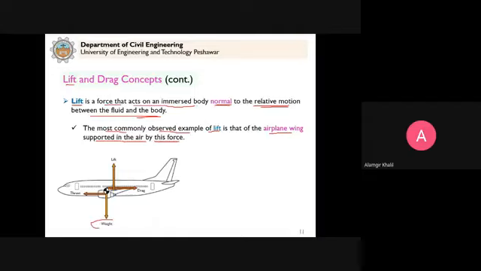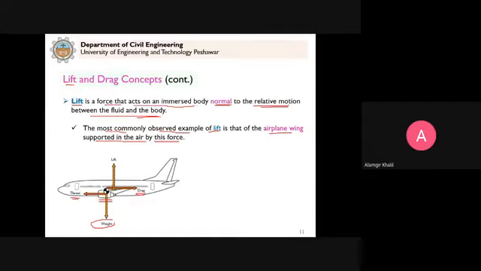It has weight, acting down through the center of gravity of the aeroplane. When we fly the aeroplane, the engine exerts a thrust, moving the aeroplane in the forward direction, and because the aeroplane is moving through the air, the air will exert a drag force on it.